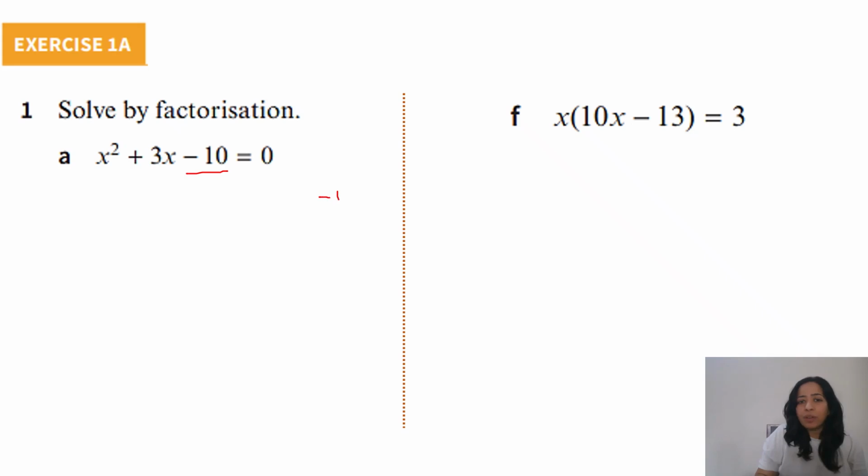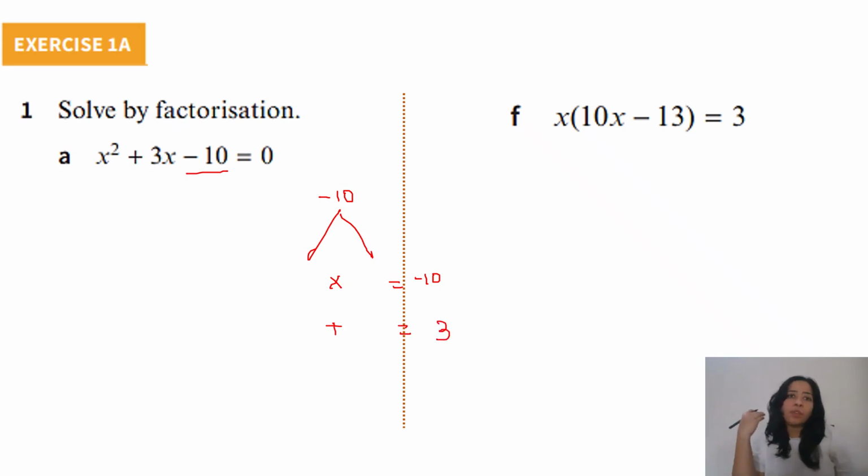So we are going to split this -10 in such a way that the product of the two numbers is -10 and the sum is 3. I will give you some time for solving this equation, and then later on we can have a discussion of the answers.